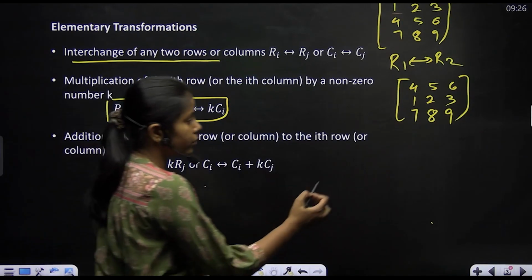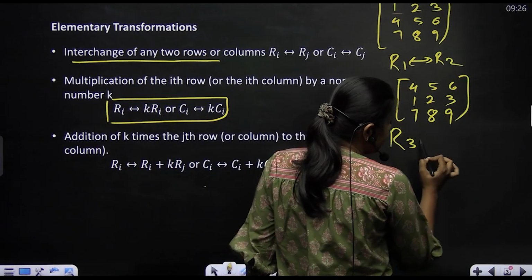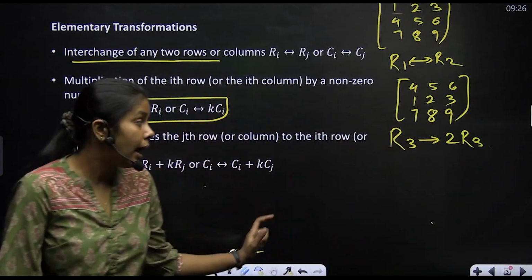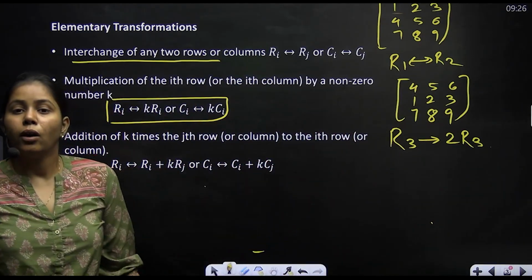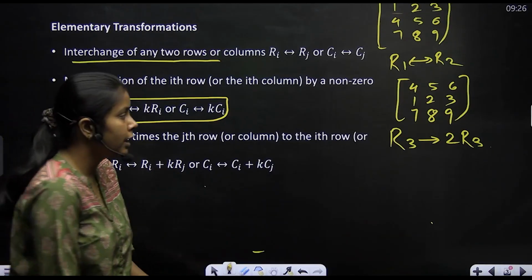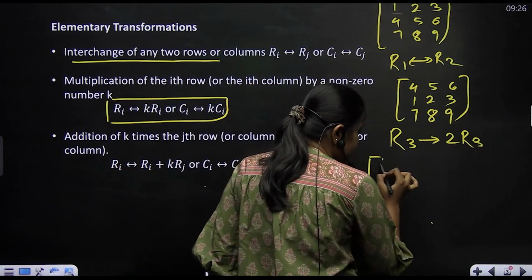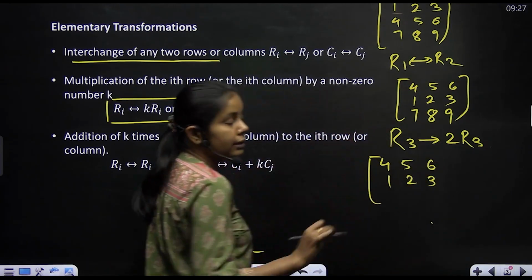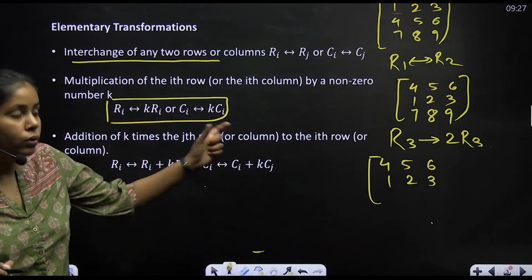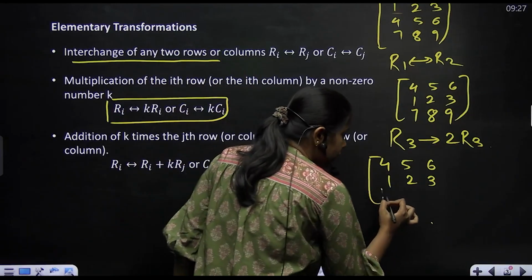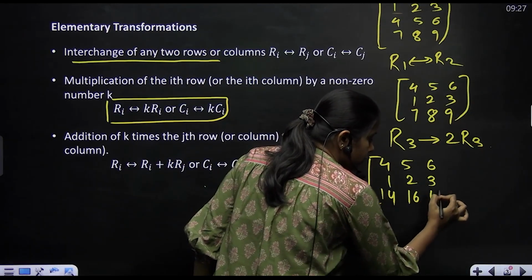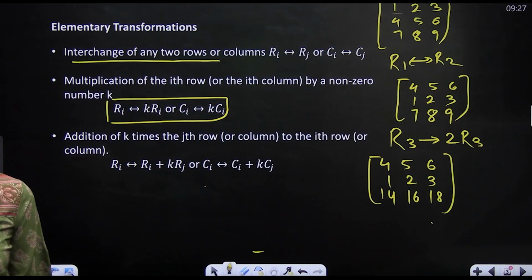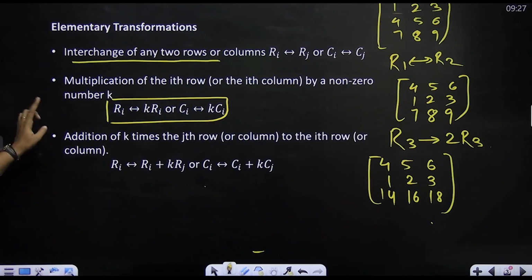Let's suppose R3 goes to 2R3. That means I multiply row 3 with 2. The first and second rows remain as they are, 4, 5, 6, 1, 2, 3, but the third row gets multiplied with 2. That means 2 sevens are 14, 2 eights are 16 and 2 nines are 18. So the whole third row gets multiplied with 2. That is my second transformation.